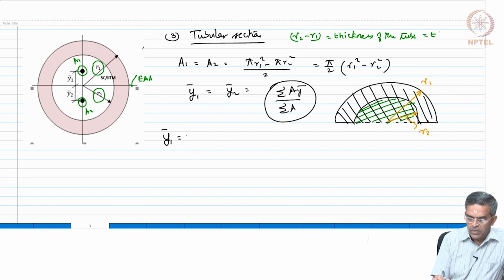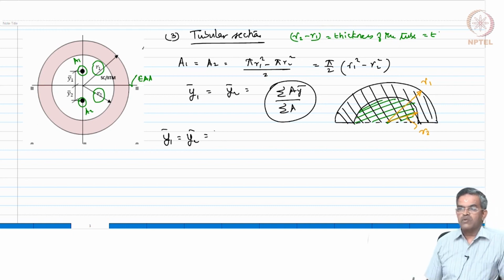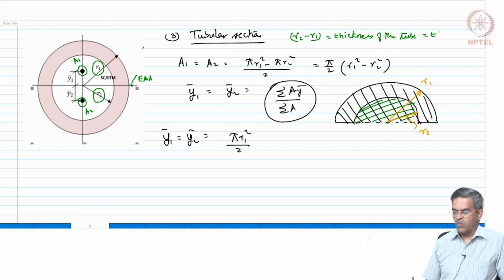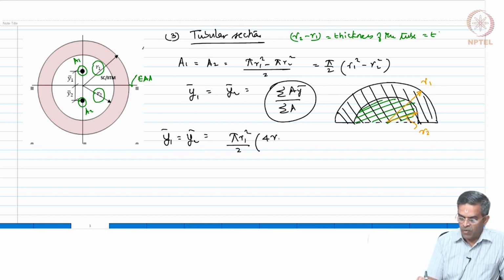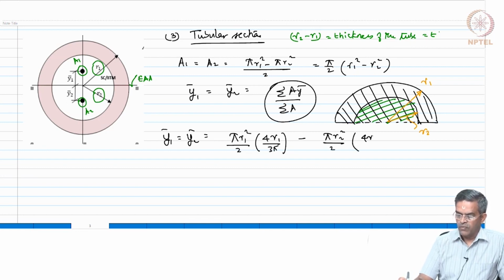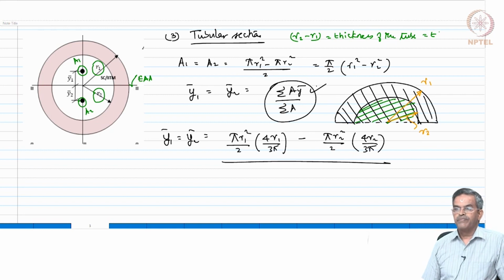With the help of this we will employ this equation and calculate y bar 1, which is the same as y bar 2. It will be pi r1 square by 2, half of the upper area, the black one, with its centroid at 4r1 by 3 pi, minus pi r2 square by 2 with 4r2 by 3 pi. That is sigma a y bar.